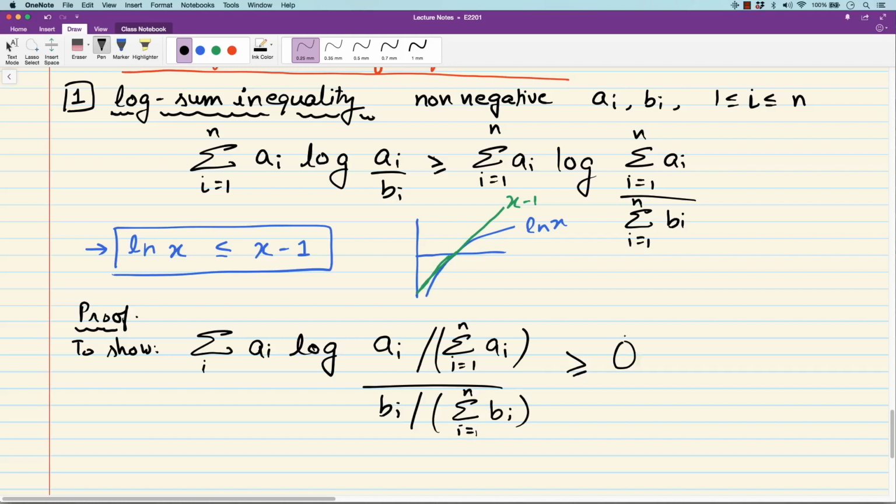In fact, you can also divide by the summation over a_i because all terms are non-negative, so you have to show this is greater than or equal to 0.